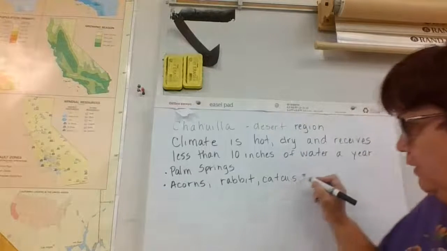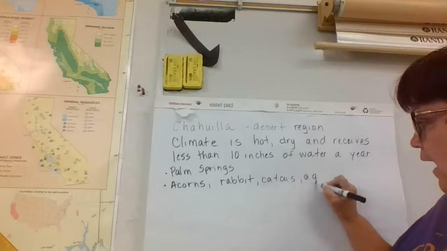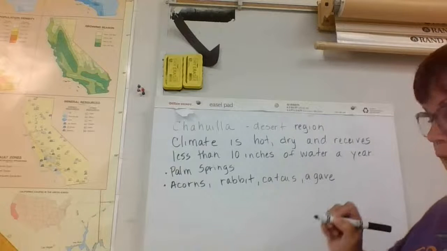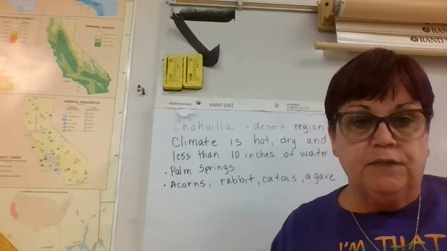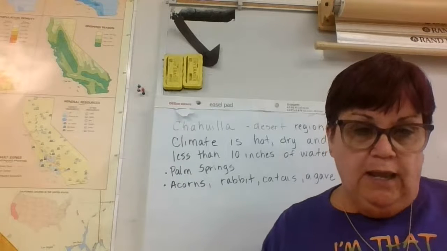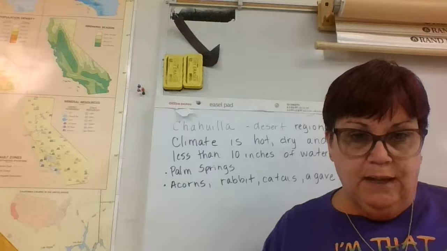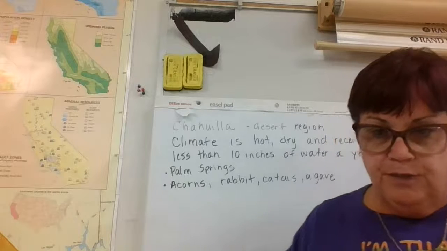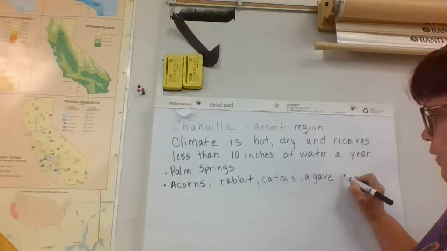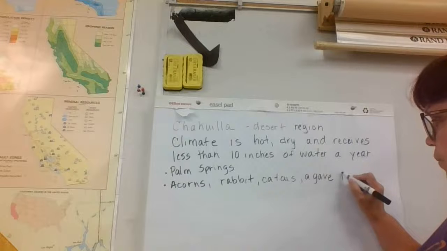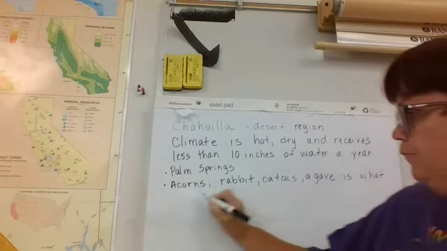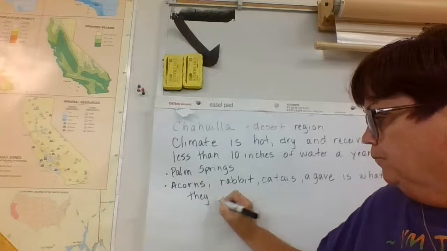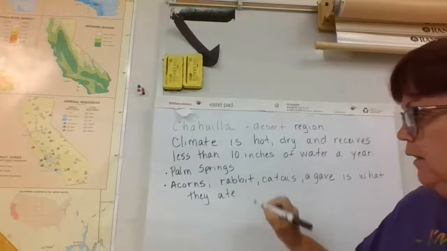And they ate what is known as agave. The agave plant is part of the cactus family, and people love to eat agave fruit and pieces of the agave plant because it was very healthy. So these four things are what they ate.